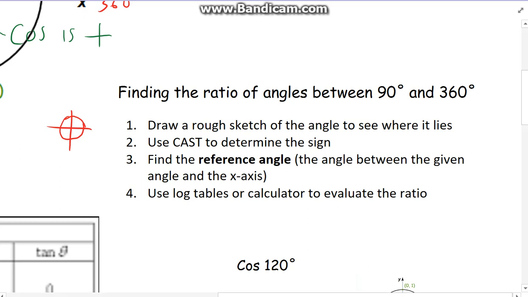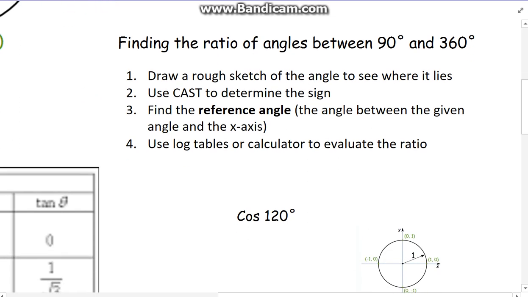Well, we should know that this is 0, this is 90, this is 180, so it's going to lie between 90 and 180, so the angle is going to be somewhere like that. And that's what we mean by drawing a rough sketch of it.